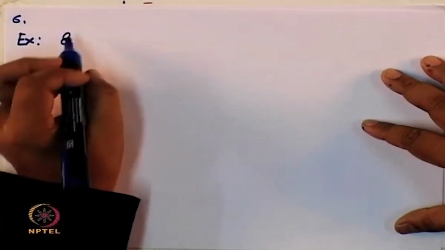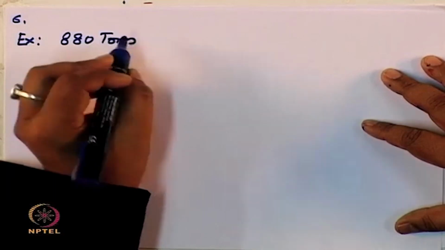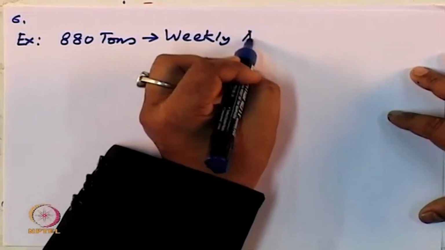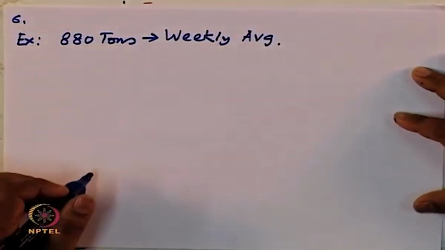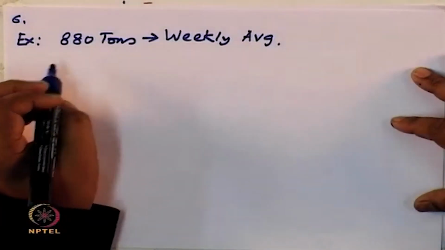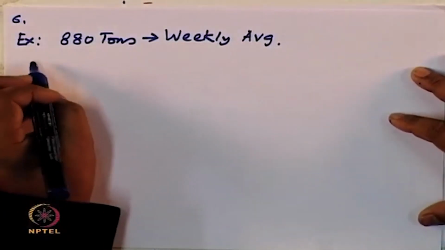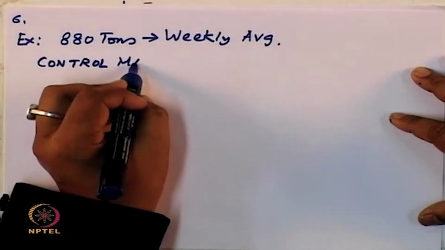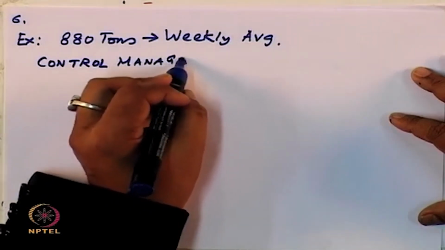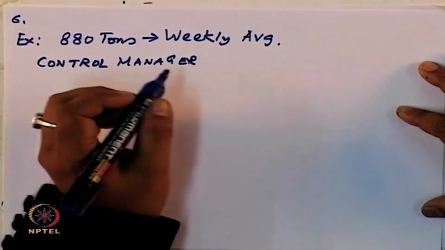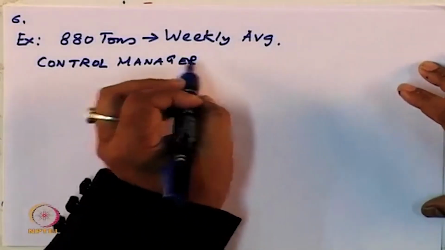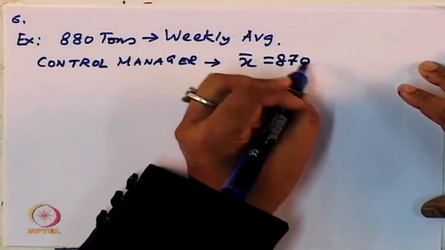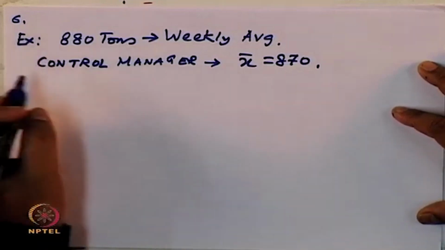Let us go back to the example where we found 880 tons was the weekly average, earlier known. Now the control manager does the statistics and finds that x bar equals 870.